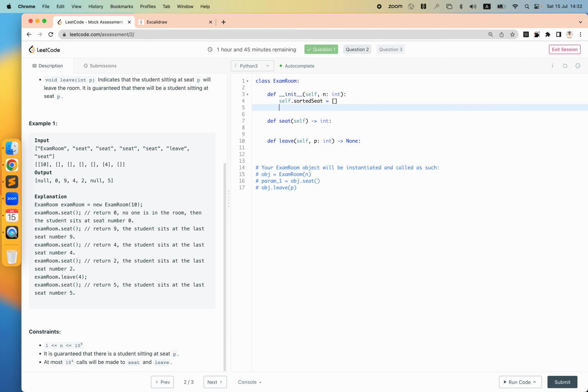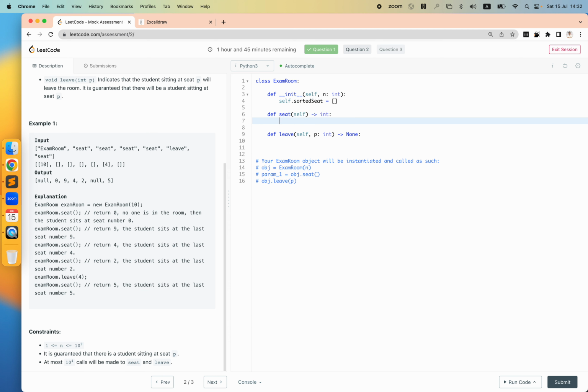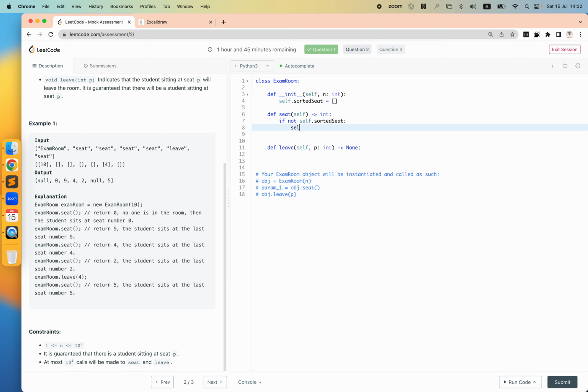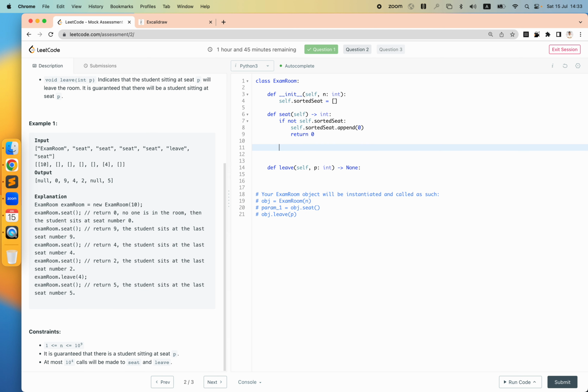It should be a static one. Sit: if len of it is empty, then append with 0 and return 0.